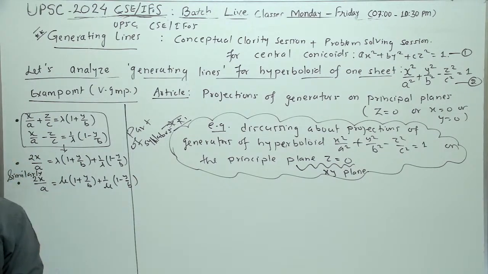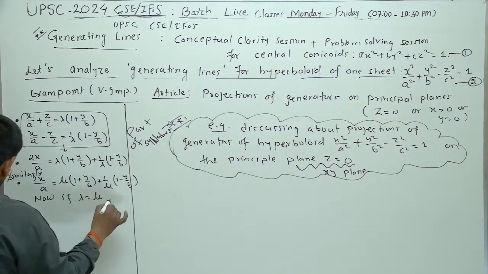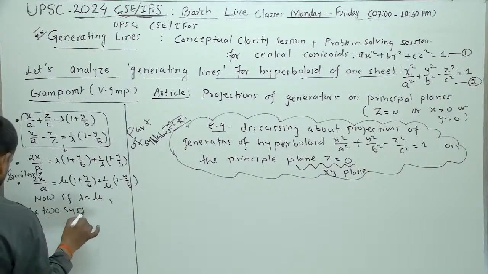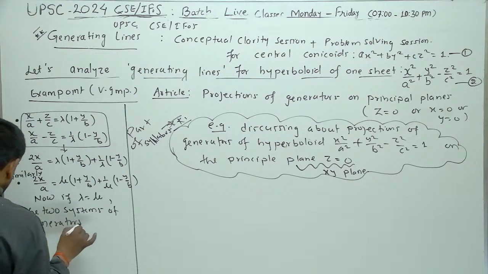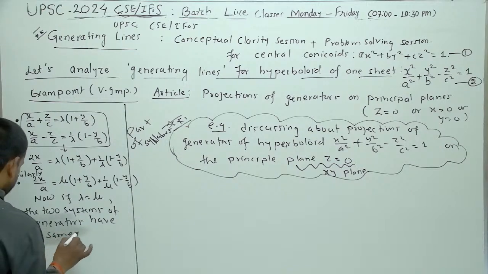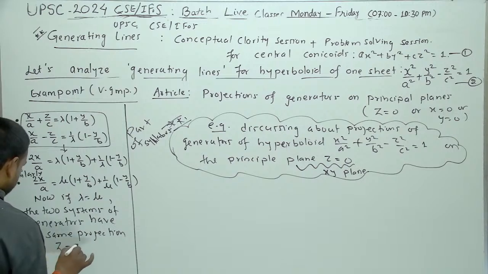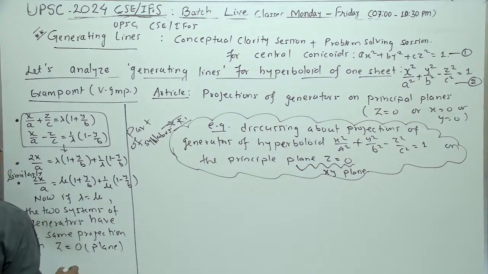Now what we need: if lambda equals mu, then the two systems of generators have the same projection on the z equals 0 plane, and that for us is the xy plane.